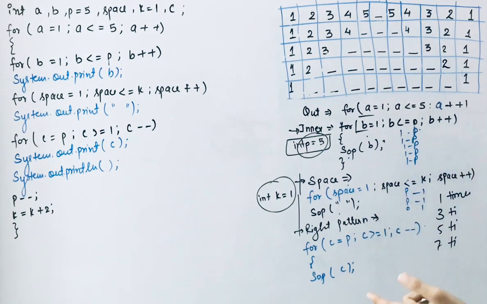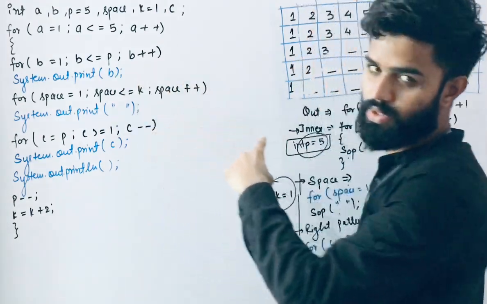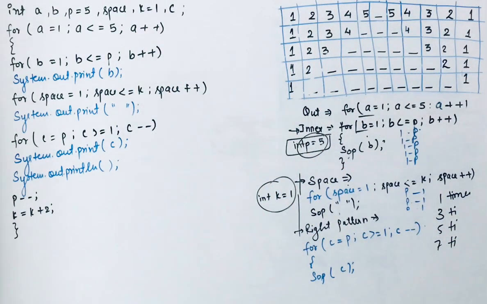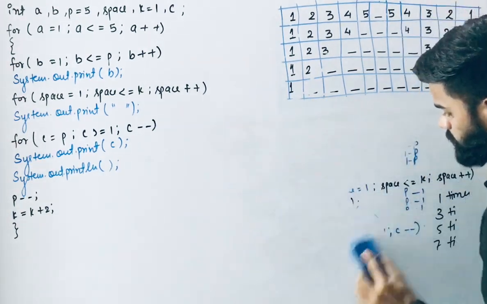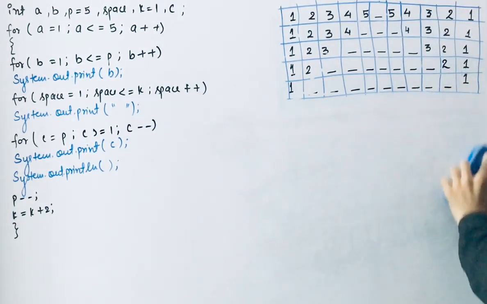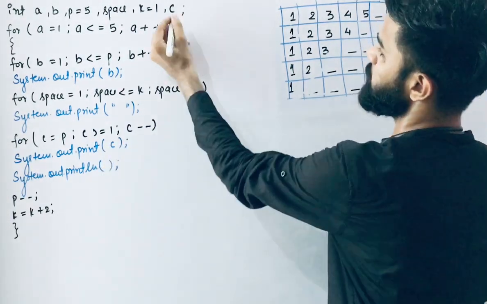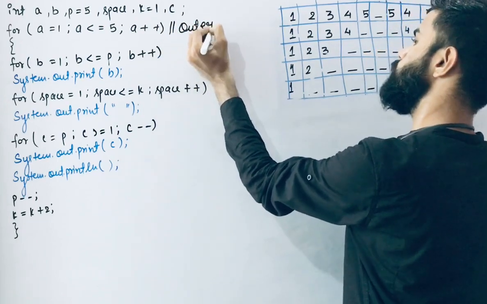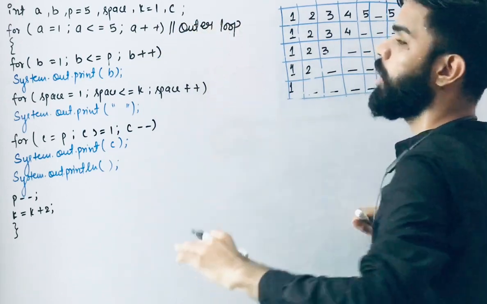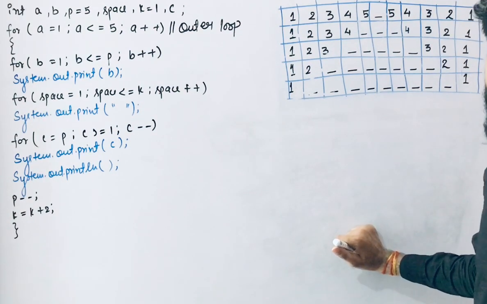Now again, class, be very careful. Again I am going to explain the task of these patterns, so be very careful and try to understand. Once again, the first thing is that we are writing this loop as an outer loop. We all know the outer loop is always responsible for the number of terms or number of rows.